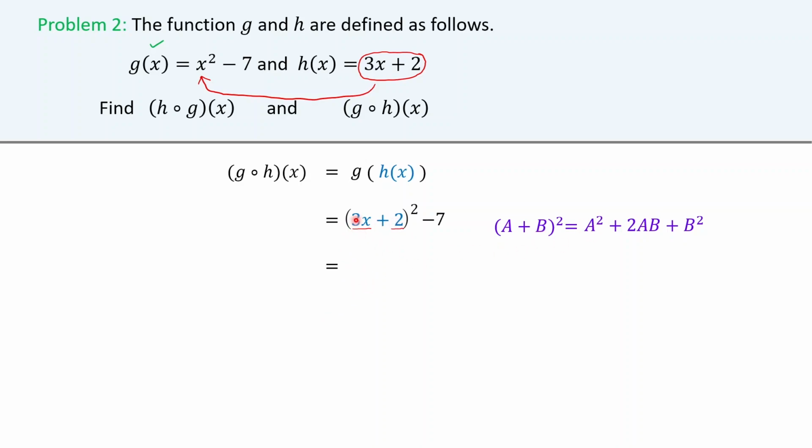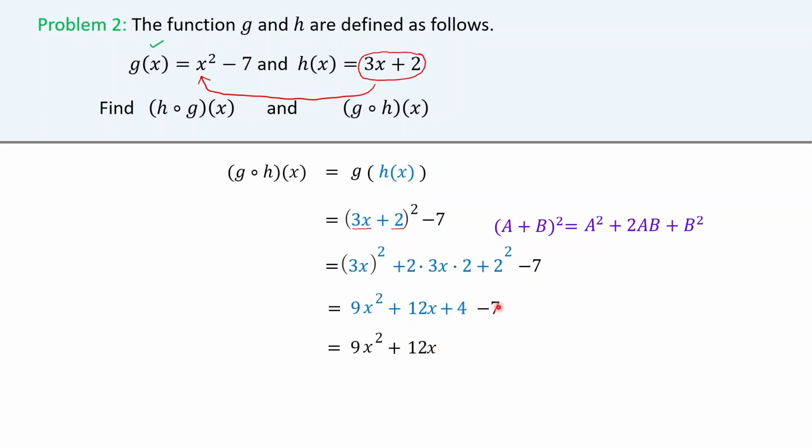So a squared is 3x, put parenthesis, squared plus 2 times a, that is times 3x, times b, that is times 2, plus b squared, that is plus 2 squared minus 7 is equal to 3 squared 9 x squared plus 2 times 3 times 2 is 12 times x plus 2 squared is 4 minus 7 is equal to 9x squared plus 12x.